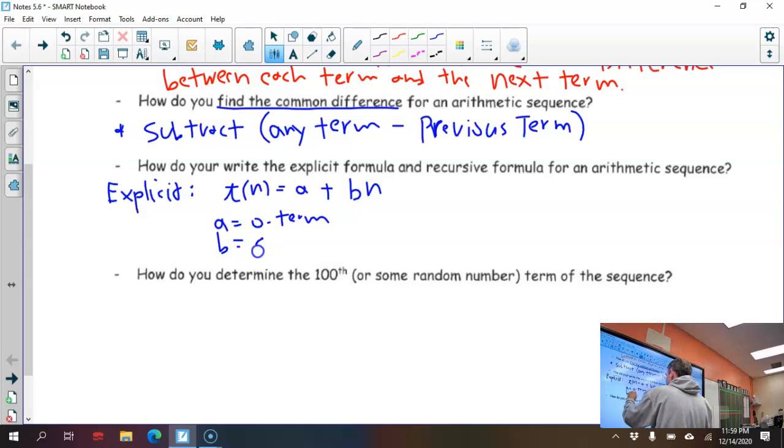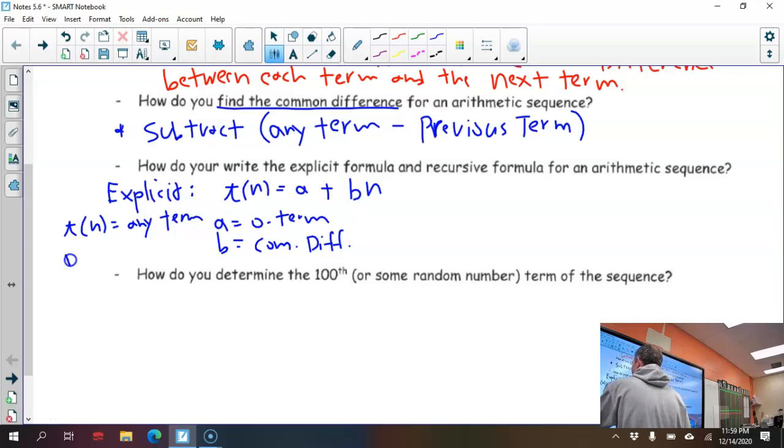B equals the common difference. Right? Wouldn't hurt to say T of n equals any term, and n equals the term number.